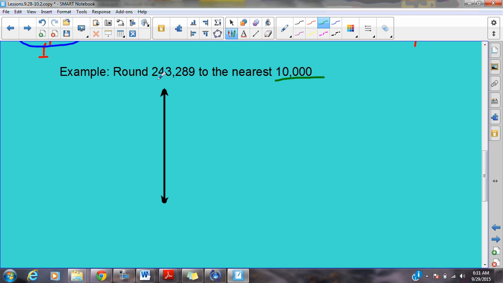Where's the 10,000s place? It's right here where the 4 is. So I know that I have 4 ten-thousands, but I also have 24 ten-thousands. So this number could round to 240,000. Notice that I have 4 zeros.